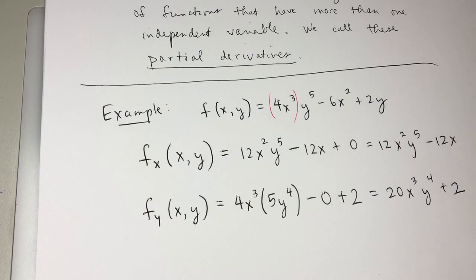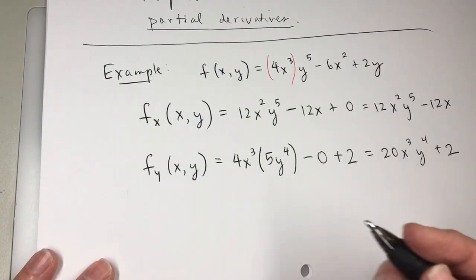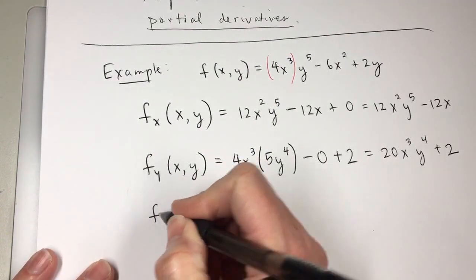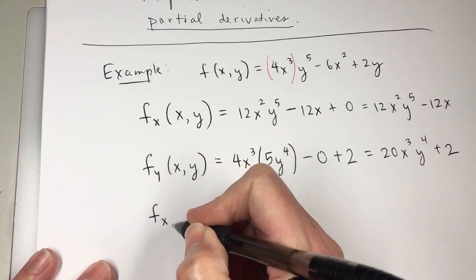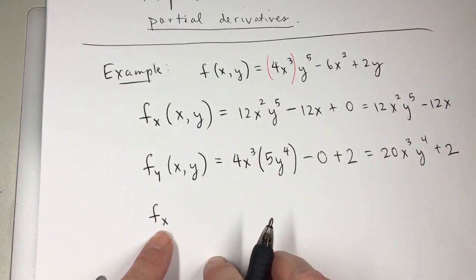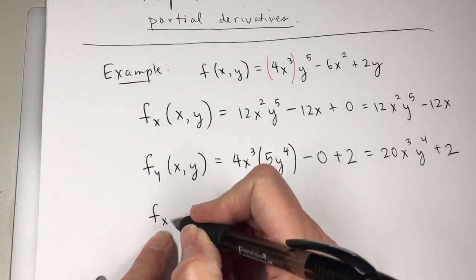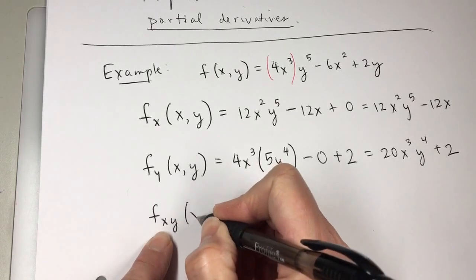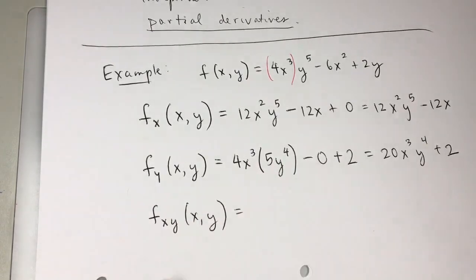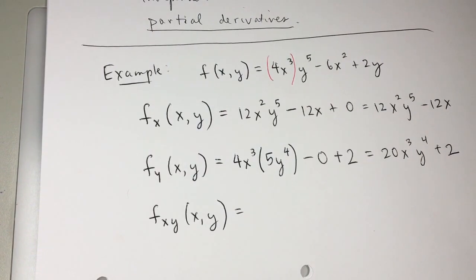Well, I could do a second partial derivative, and one way to write that maybe would be this. I can do f, that's my first partial, and then my second partial, I'm going to go with respect to y. So what does that mean we're doing?